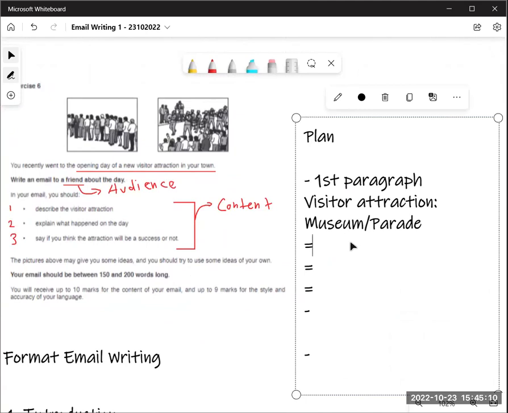Now, describe the museum for me. Any points? Anything about a museum? It is a place where you see some rare stuff. Okay, place with rare stuff. We can write about that. Give me another description of a museum. Hurry up.